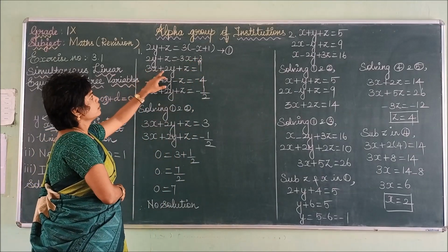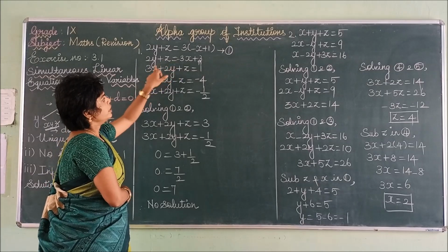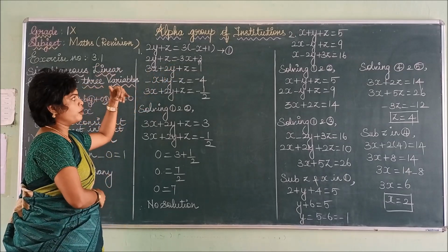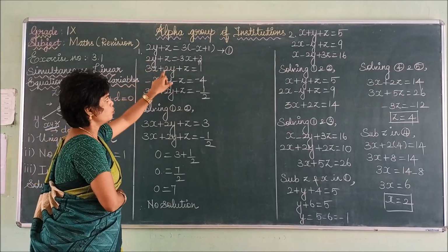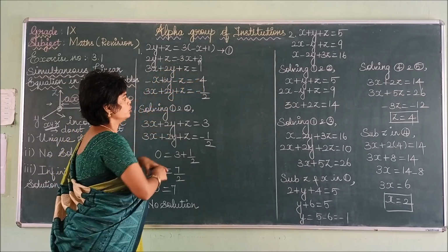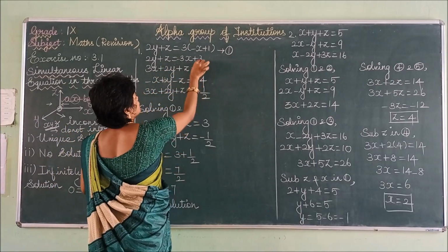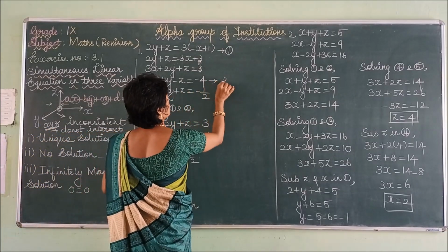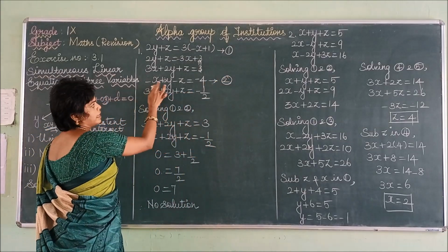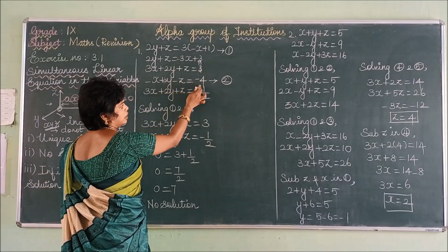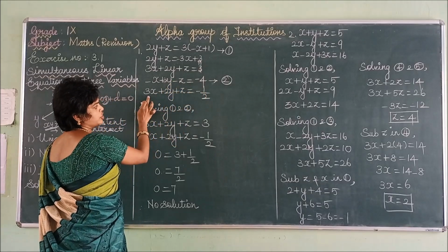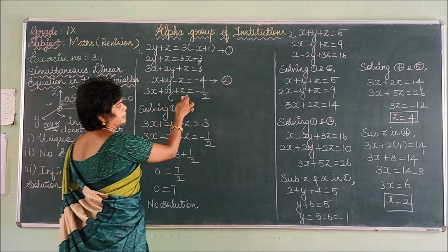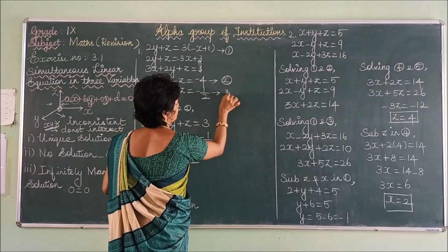Then this negative 3x comes to this side and changes into positive: 3x + 2y + z = 3. Next, the second equation given in the book is -x + 3y - z = -4. And the third equation is 3x + 2y + z = -1/2.